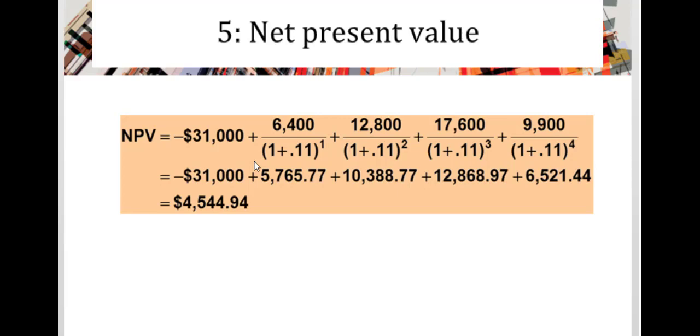You can also accept projects that have a zero NPV, as a zero NPV indicates that you are earning exactly your required rate of return. Projects with negative NPV will decrease the firm's value and should be rejected.